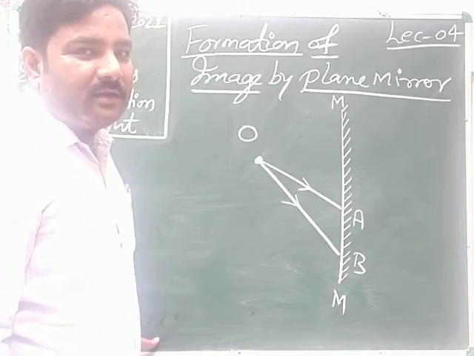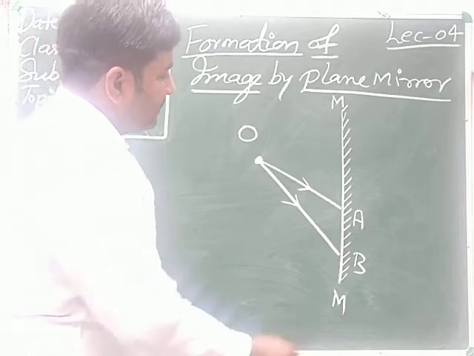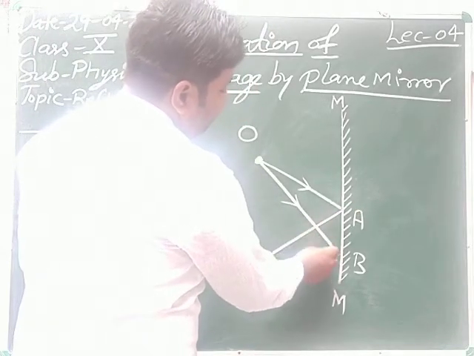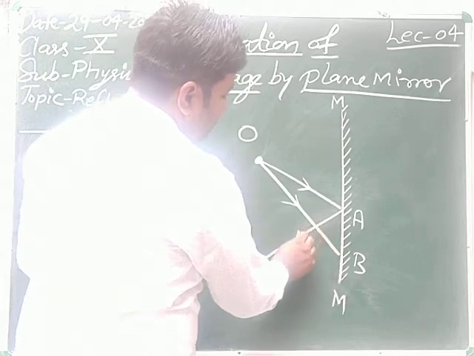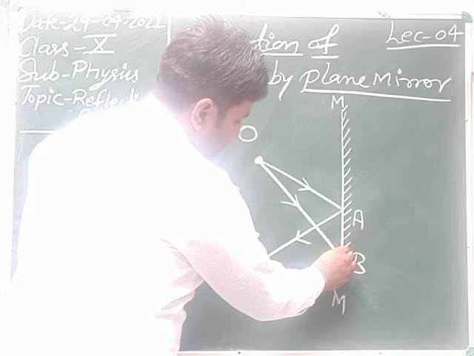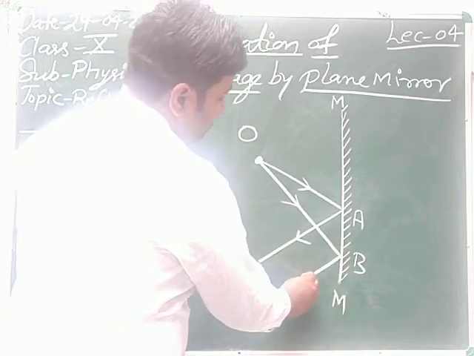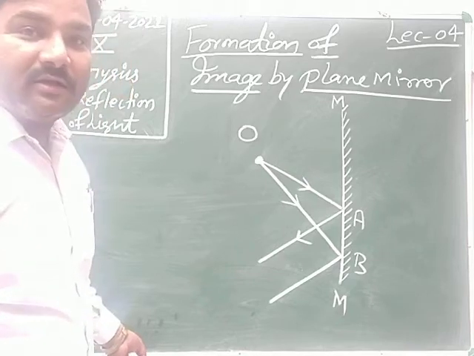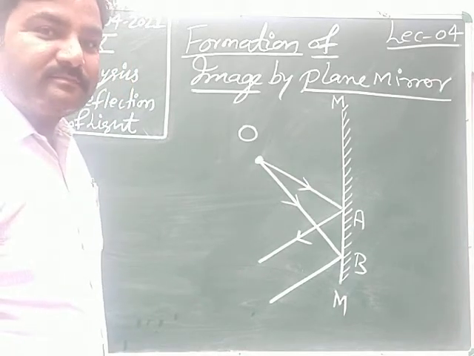This one ray reflects from the plane mirror according to the laws of reflection, and the same way this other ray also reflects according to the laws of reflection.